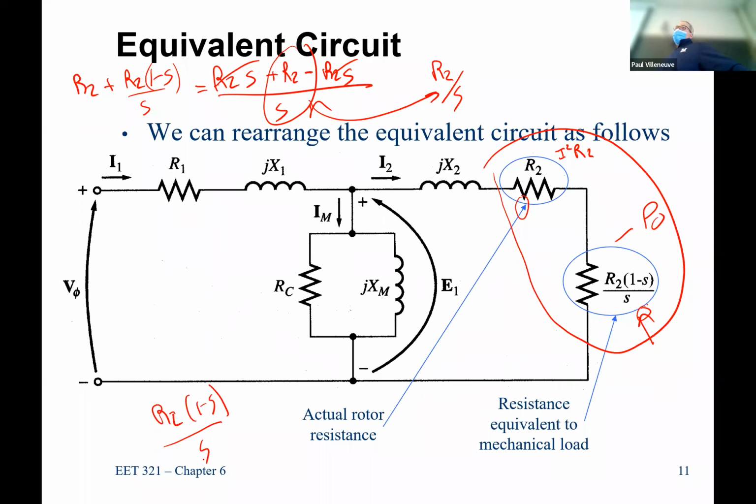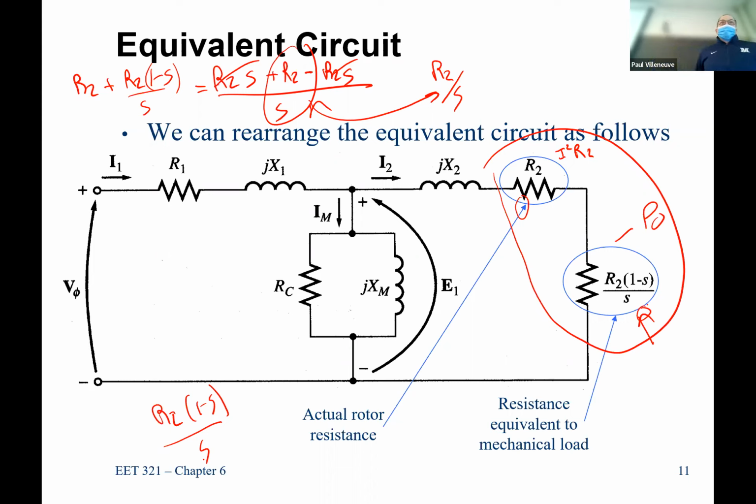When they're running at the same speed, what's the difference? 0. So slip is 0. So in this case, what does R2 times 1 minus S over S equal? Anything divided by 0 is infinite, correct?